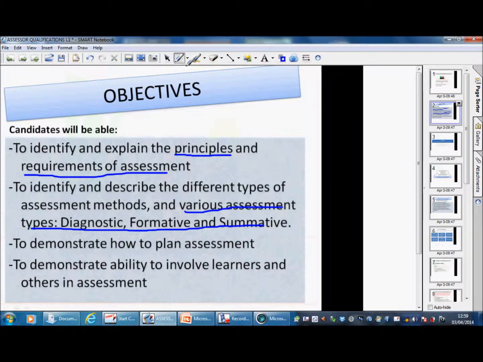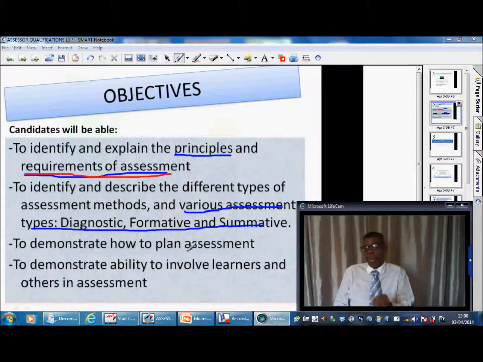As I said before, the way I'm delivering these sessions is holistic. You find that some aspects of requirements of assessment were already mentioned in the previous session, and we continue still mentioning them like a thread throughout the course, because we have to have this as an underlining factor, this underpinning knowledge that carries throughout the qualification.